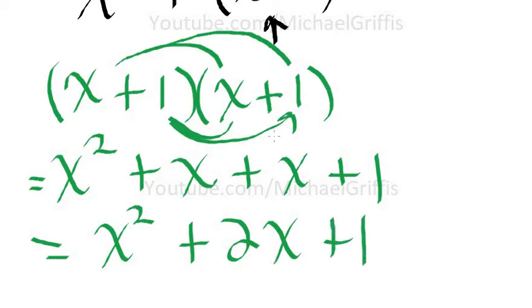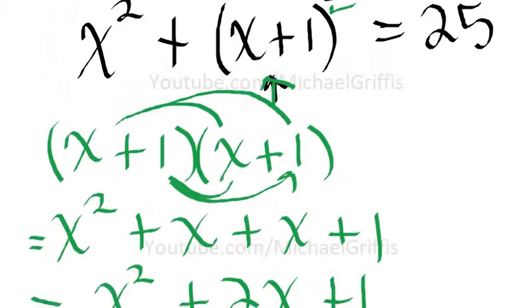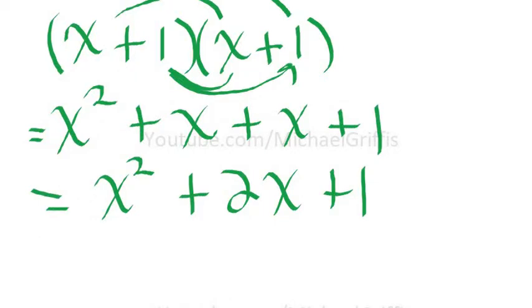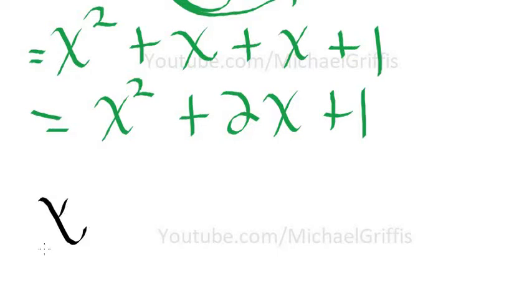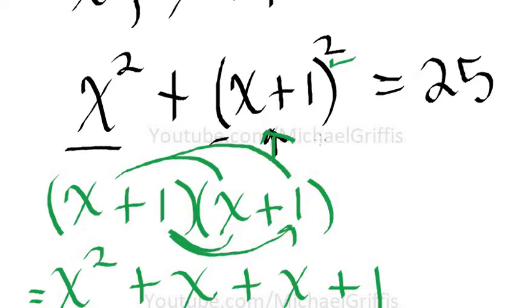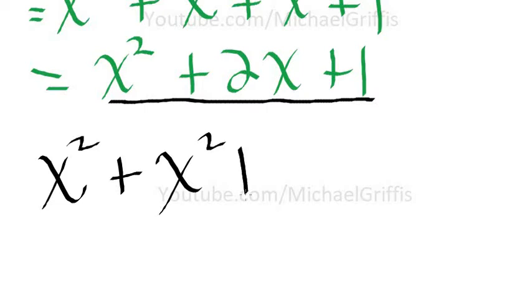So let's go ahead and rewrite this. We end up with x squared, that's this guy, and now we write the one that we expanded out, plus x squared plus 2x plus 1.